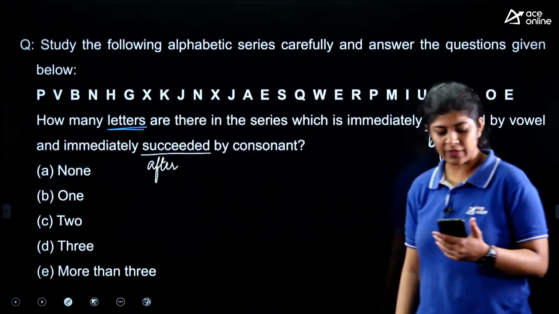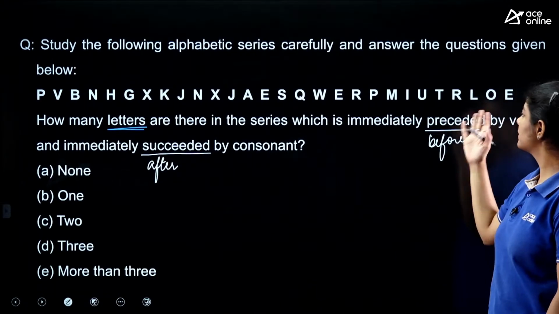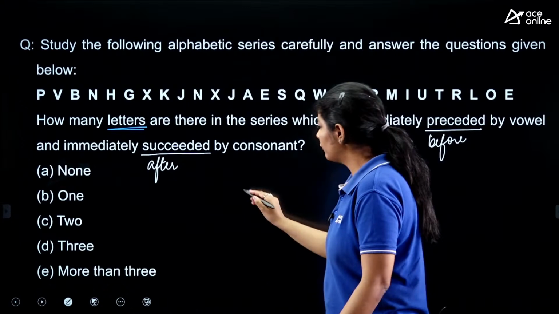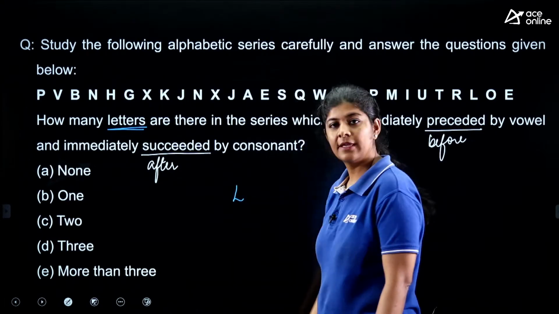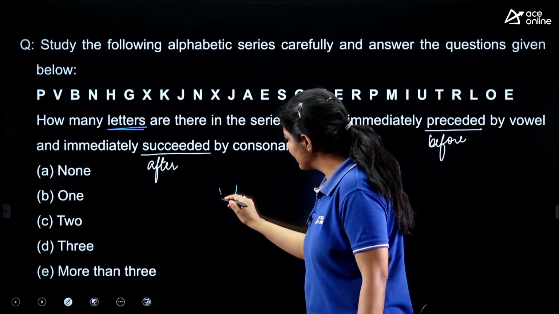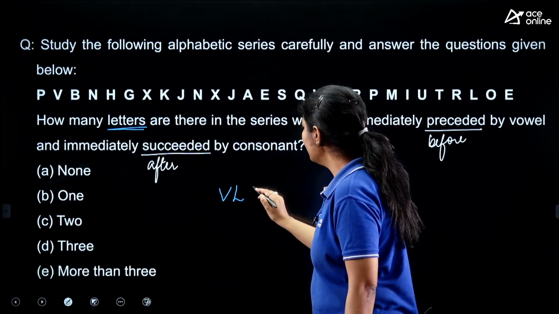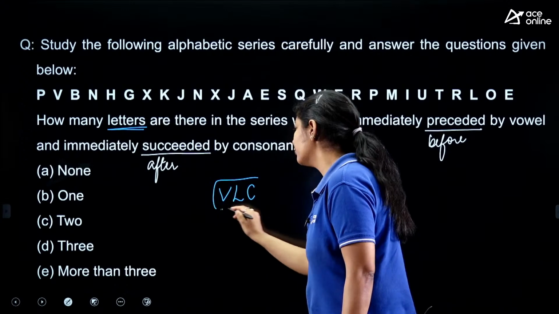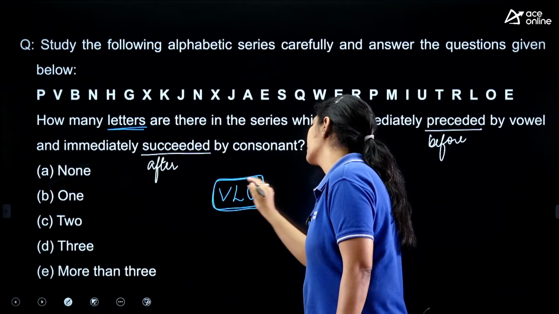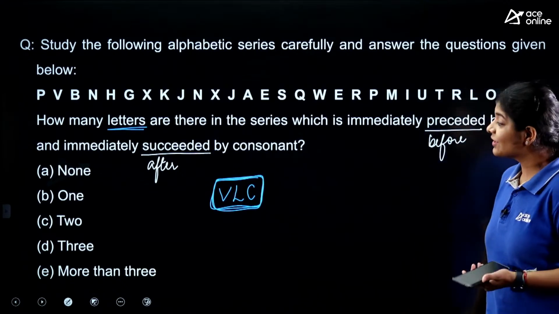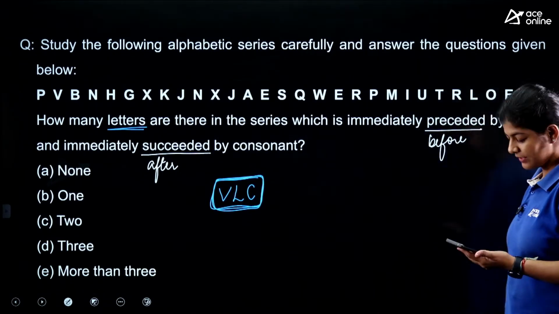How many letters are we having in this particular series? You have to find such letters which are preceded by vowels and followed by a consonant. You need to focus on this part. So how many such letters are we having in this particular series?